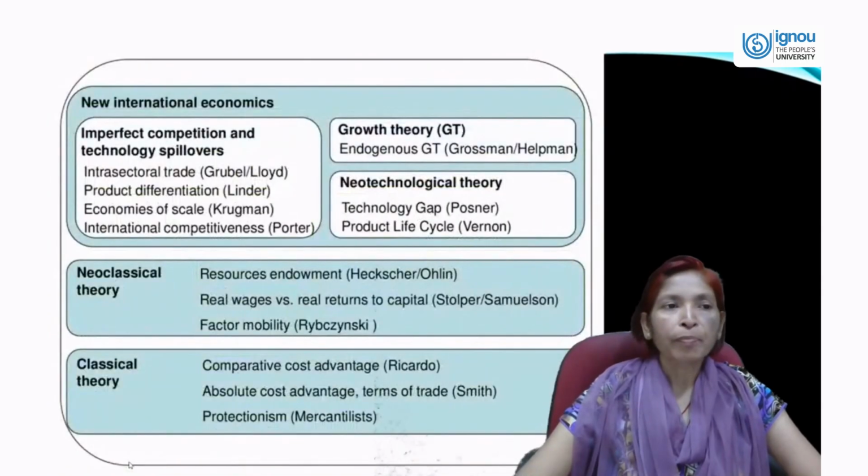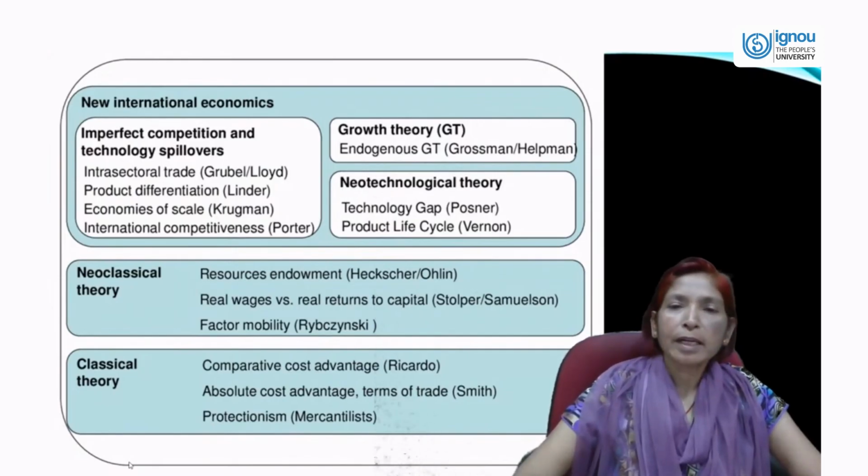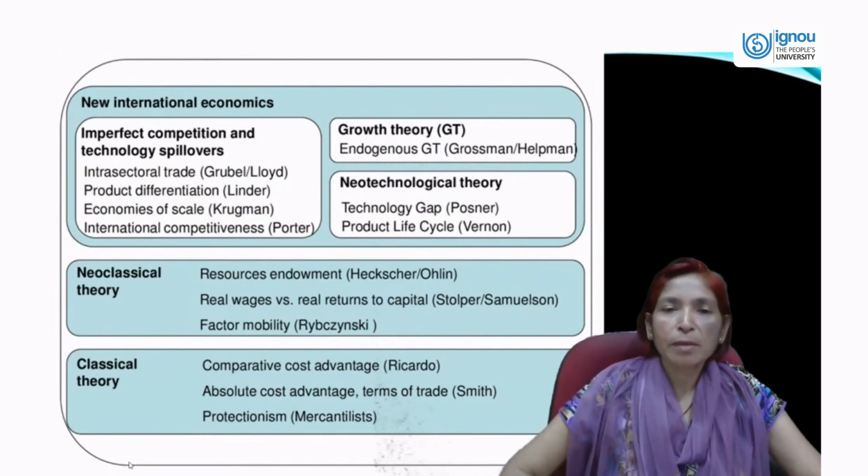Now next is new international economics. Here we have imperfect competition and technical or technological spillover effects. We know that at present monopolistic competition is going on because perfect competition is a myth.